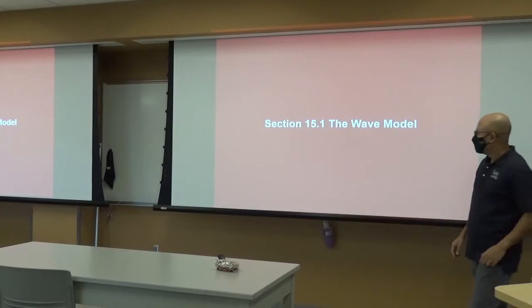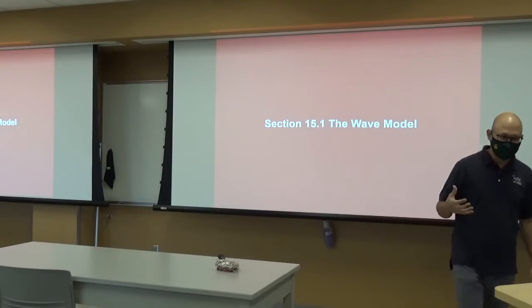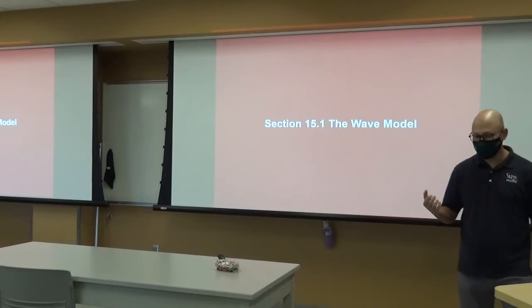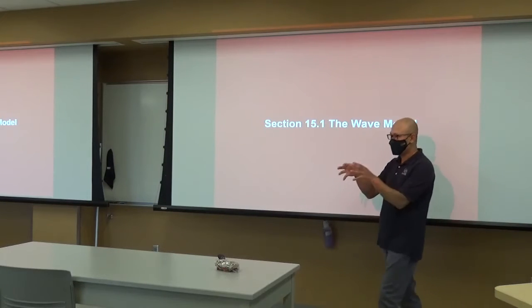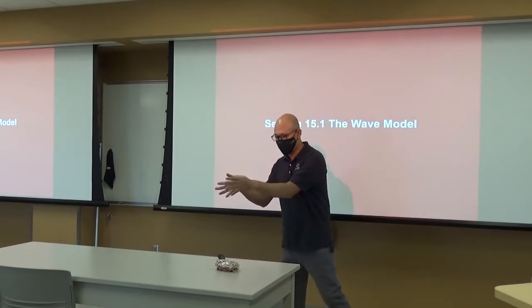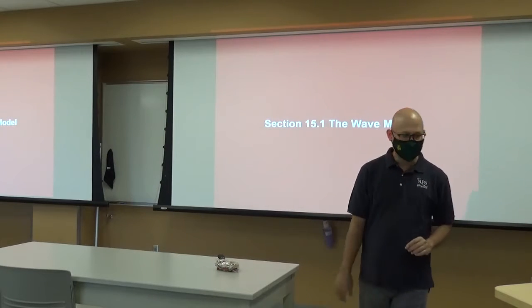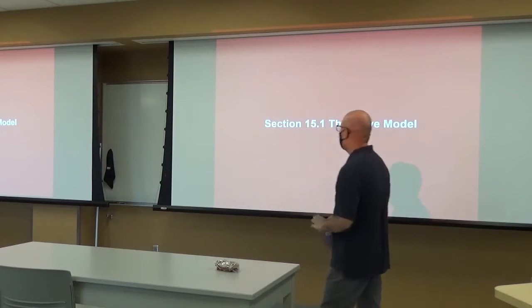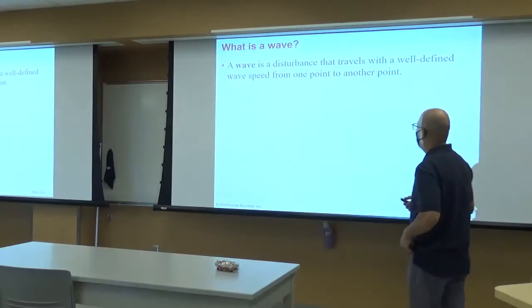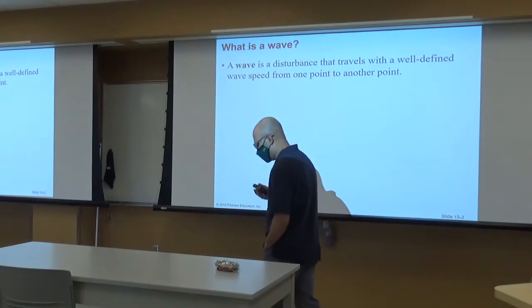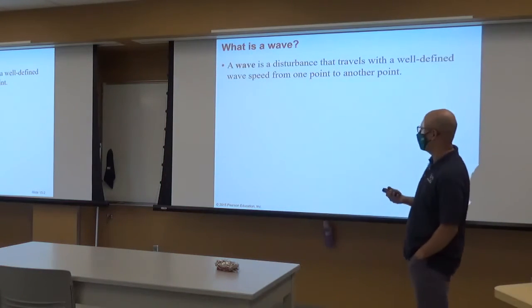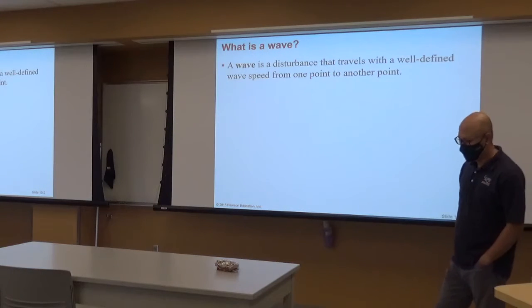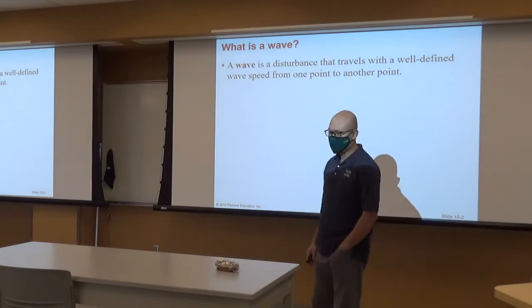So a wave is nothing but a disturbance. You produce some disturbance in the medium, and that disturbance is transferred from one point to the next point. So a wave is basically some kind of disturbance that travels with some well-defined velocity or well-defined speed from one point to another point.